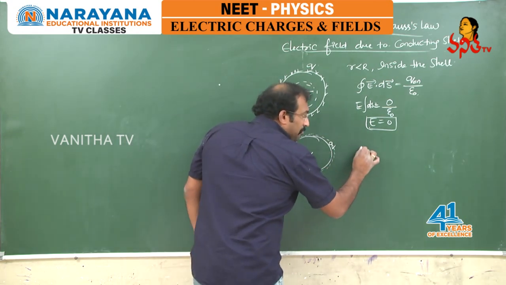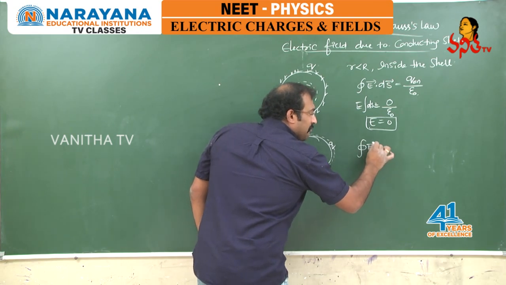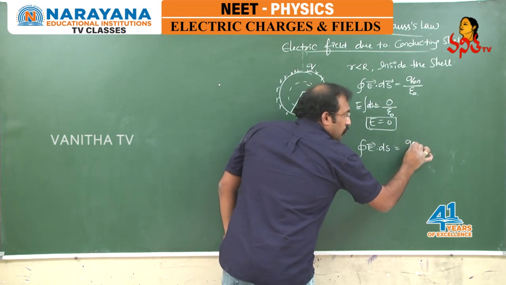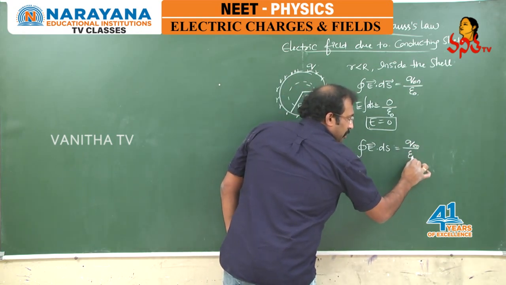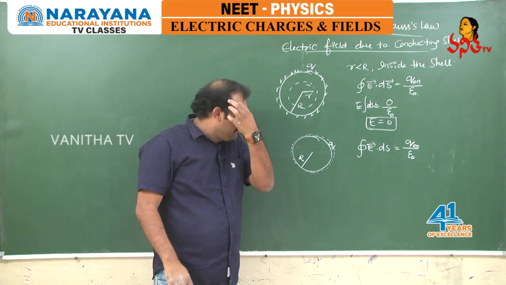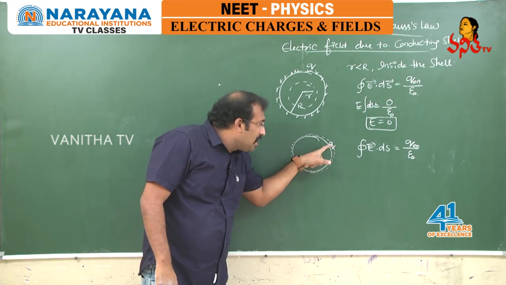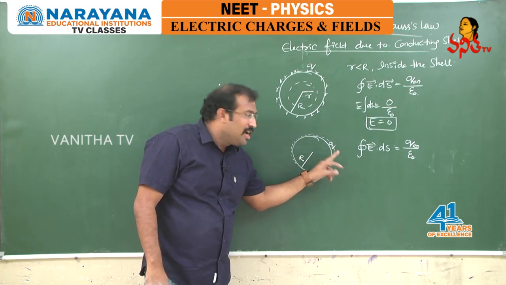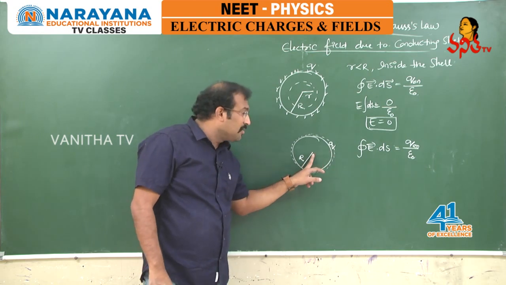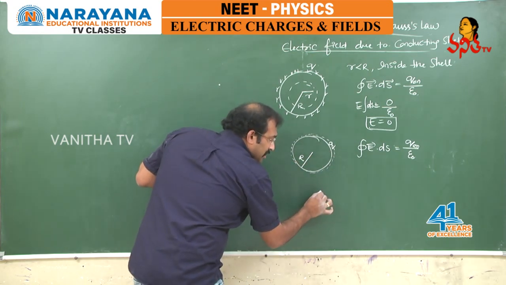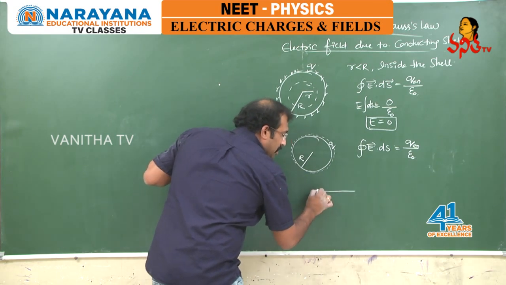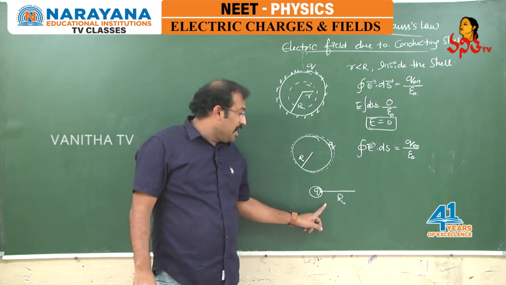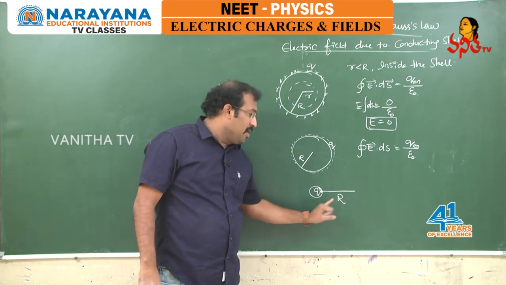Therefore, from Gauss law we can write the closed line integral of E bar dot ds bar equal to Q enclosed by epsilon naught. The charge enclosed by this Gaussian surface can be assumed to be at the center of the shell, and at a distance R we are finding the field. We know that E is equal to kq by R square.